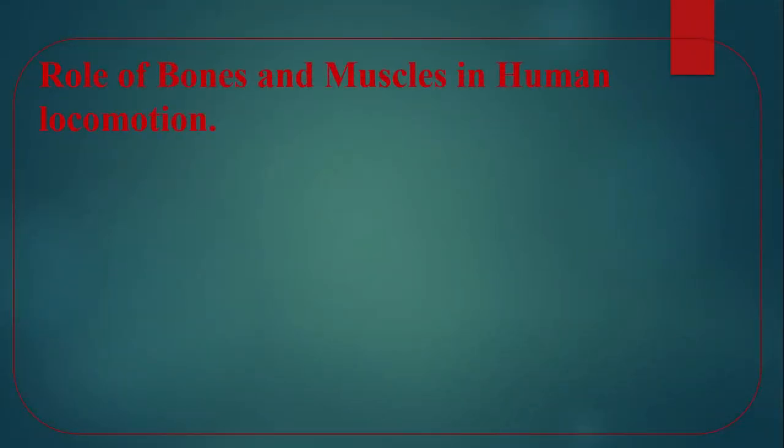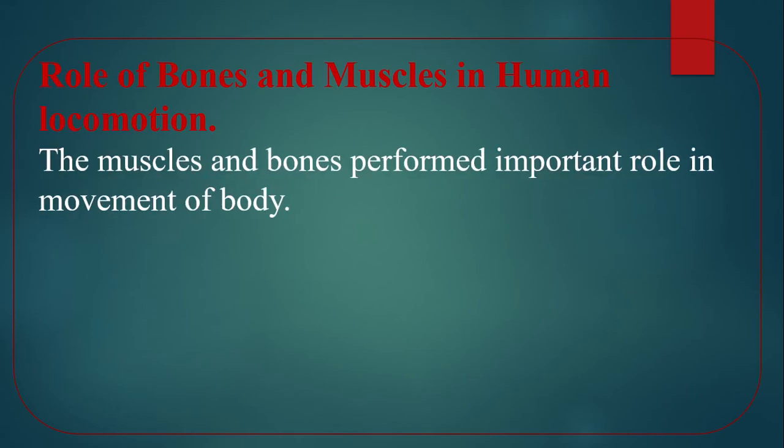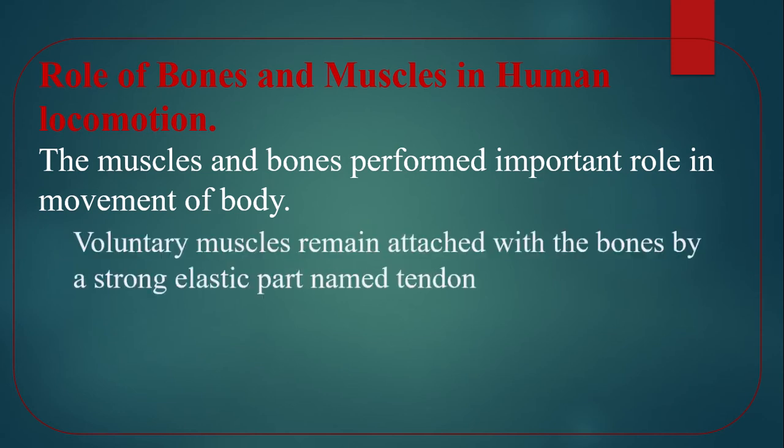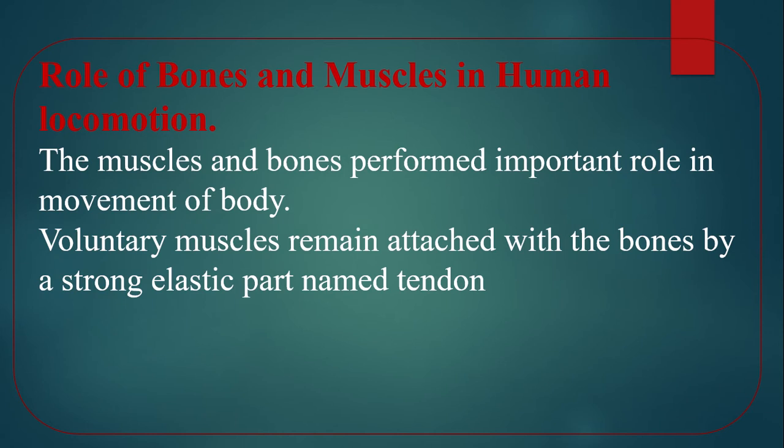Role of bones and muscles in human locomotion. The muscles and bones perform an important role in movement of the body. Voluntary muscles remain attached with the bones by a strong elastic part named tendon.